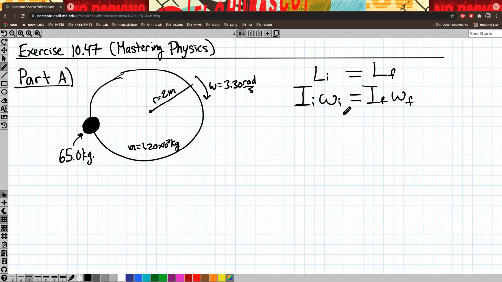Do we use parallel axis theorem in this case? If you want to, but at the beginning we don't even have a parachuter. We just have the disc. We just have a rotating disc, right? Well then, I guess there's no inertia at the start.